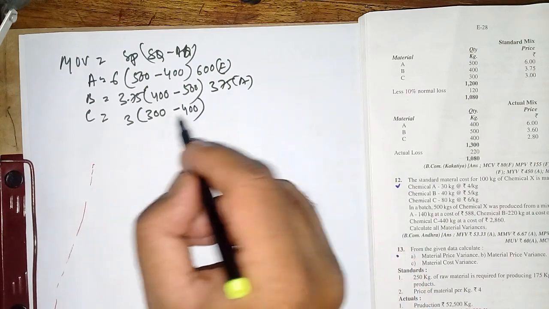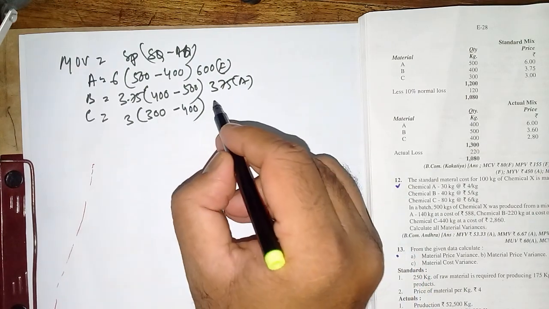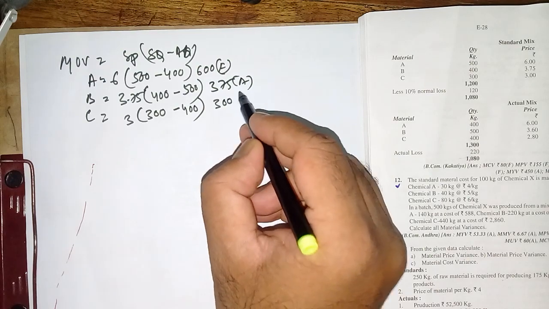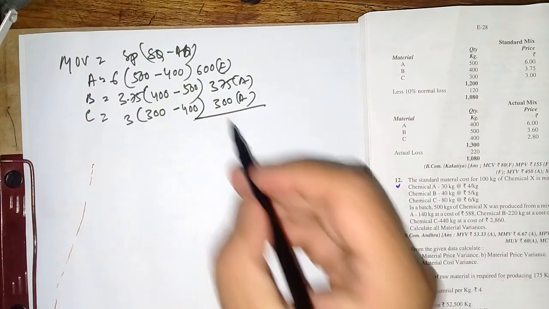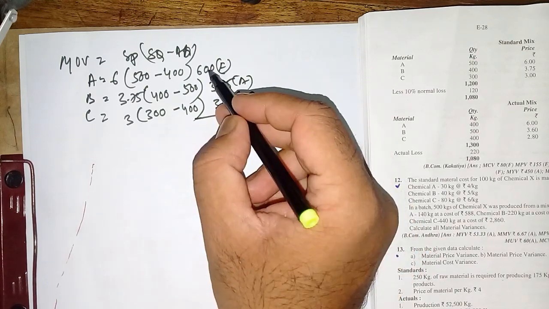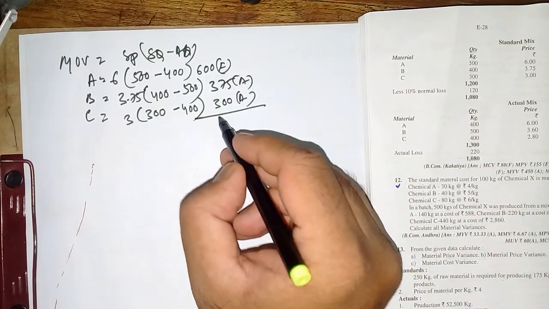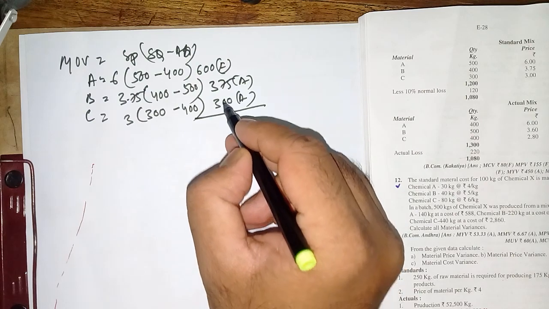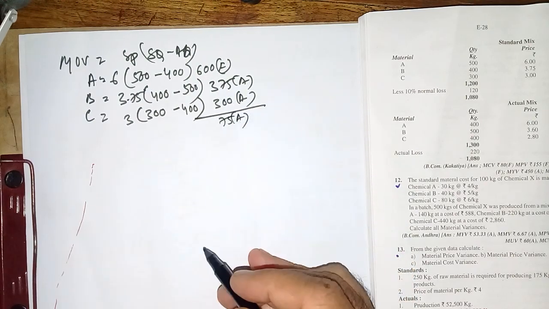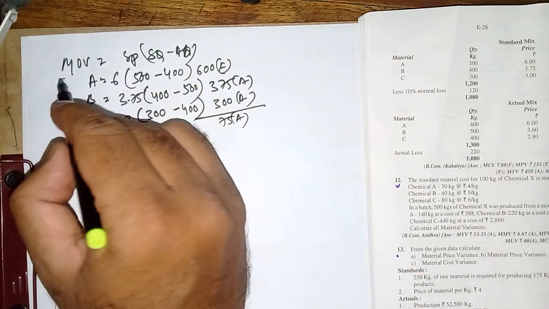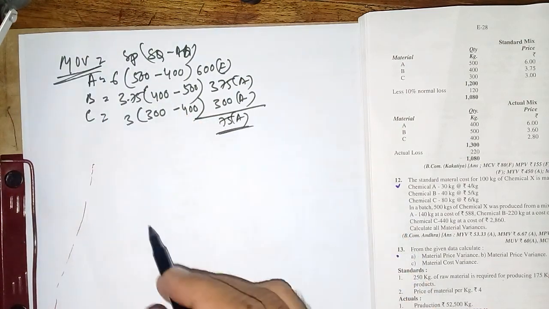So again this is minus 100, that is 300 A. So 300 plus 375, that is 675 A, and 600 F. So we will get 675 minus 600, that is 75 A, we will get the answer, right? So what is our MUV, material usage variance? It is 75 A, right?